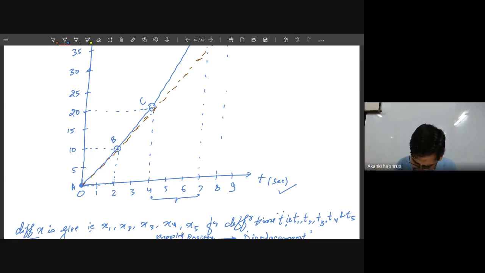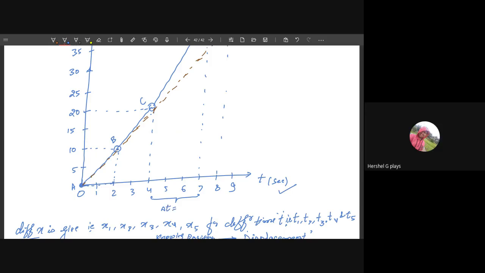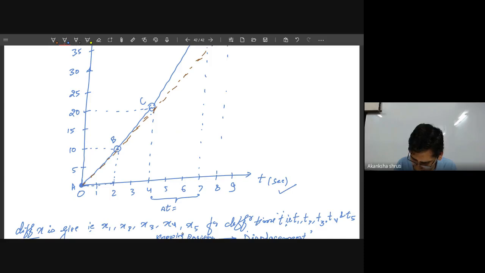If I take this interval delta t, yes, 3 seconds. Good, it is 3 seconds. Why? Because the 7th second minus the 4th second is 3 seconds.